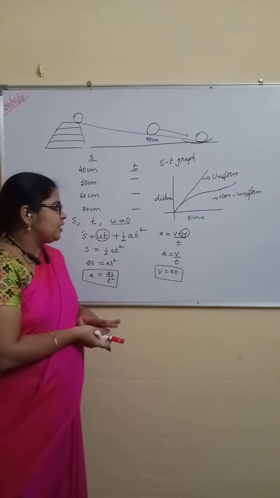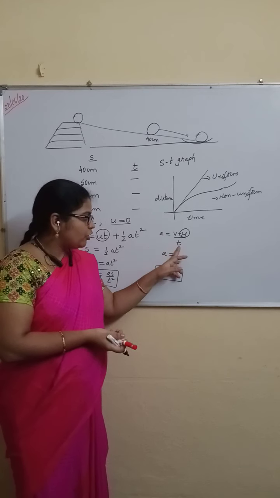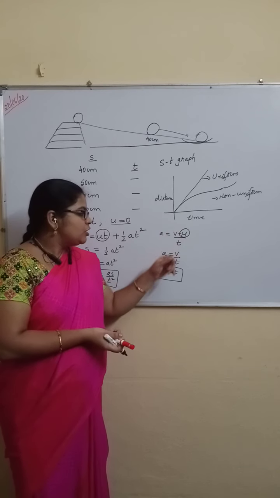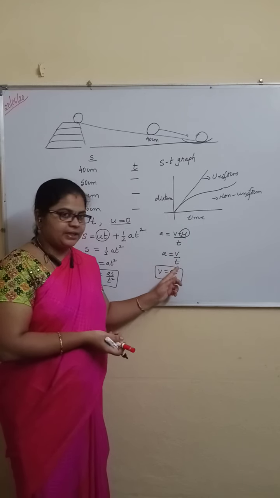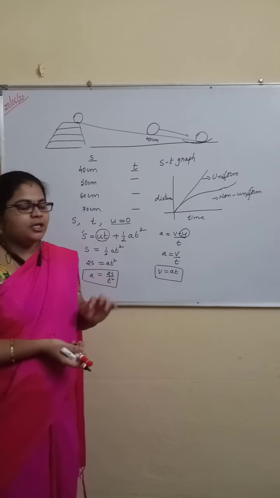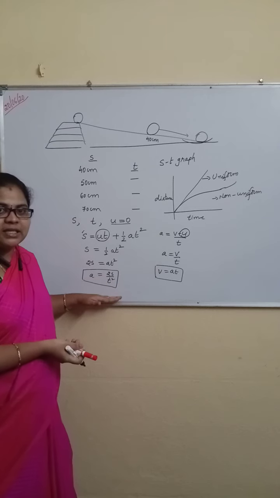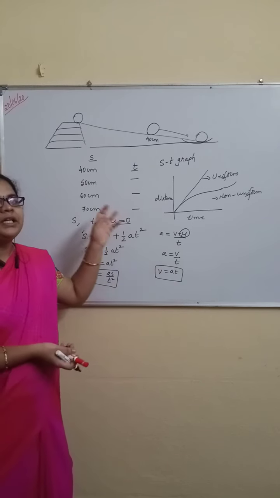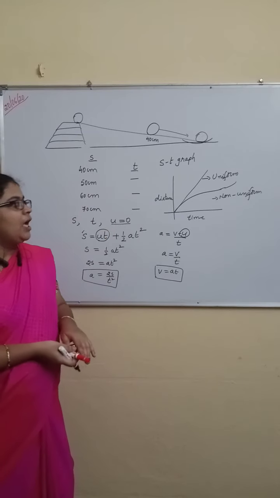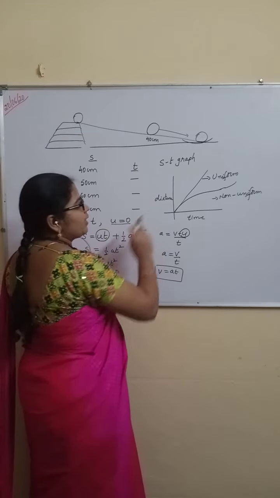So for velocity, the acceleration formula is the rate of change of velocity. The initial velocity u value is 0. So a equals v by t. V is equal to at. So like this you can calculate acceleration and velocity of the body when it is falling down the incline. And even we can make an ST graph also.